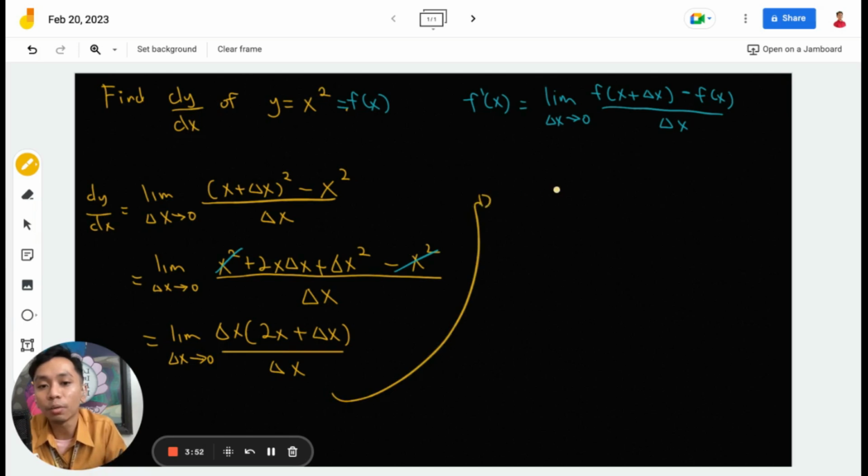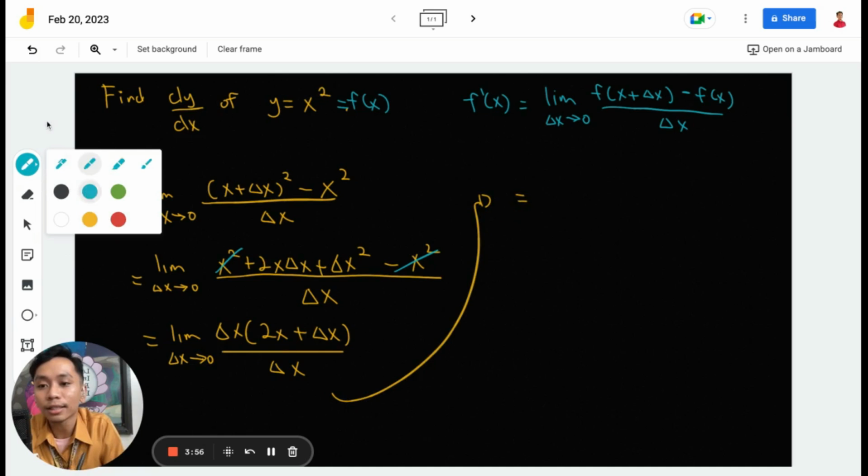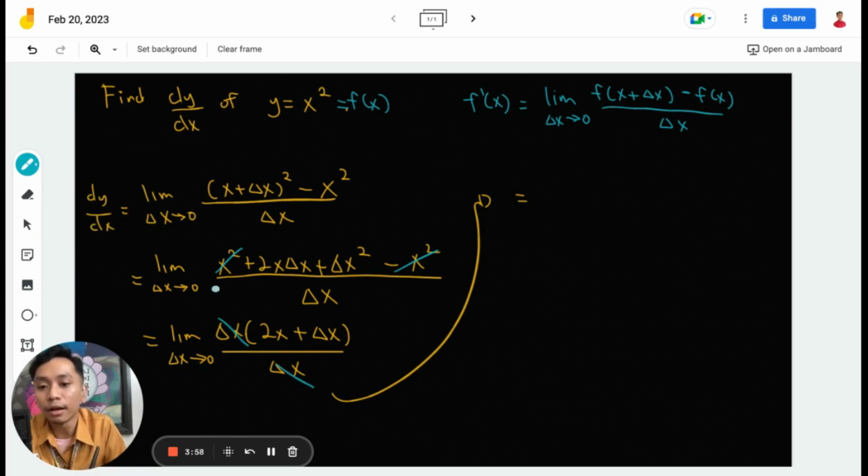Now, if you want to keep going, notice makakancel na yung delta x, numerator and the denominator. So we'll only have 2x plus delta x. Now we're ready to apply the limit operator. It says, ano daw yung limit as delta x, siya na lang natitirang delta x, approaches 0.